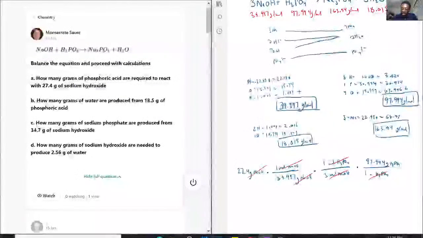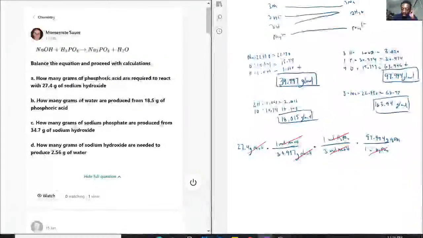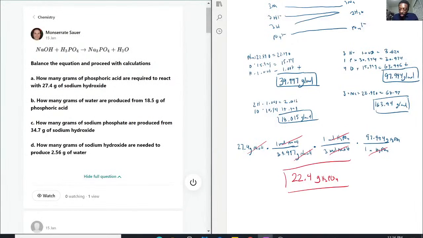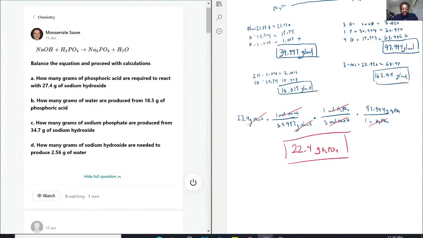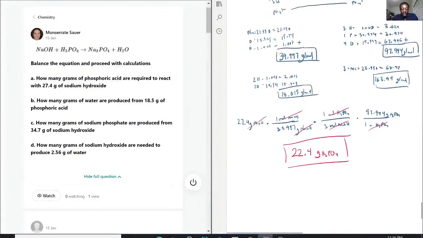And we get, if we were to round this based on the 27.4, we would need around 22.4 grams of H3PO4, aka phosphoric acid.